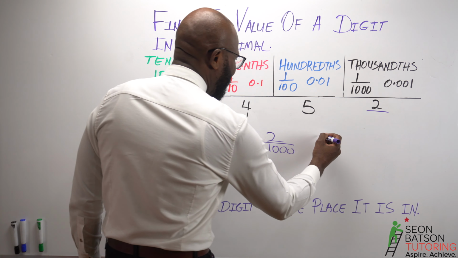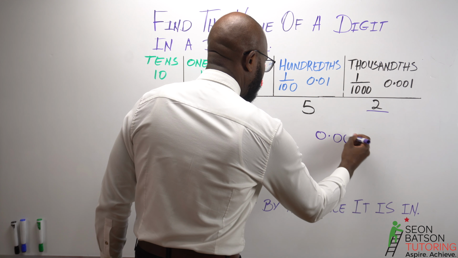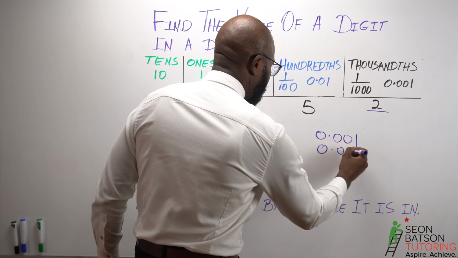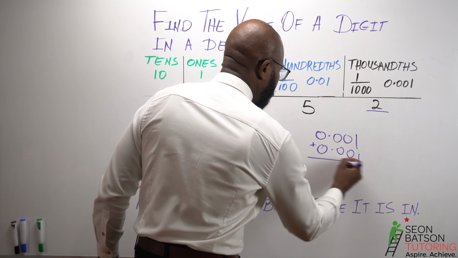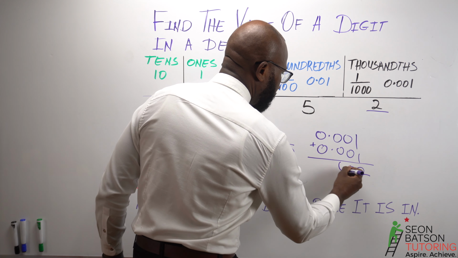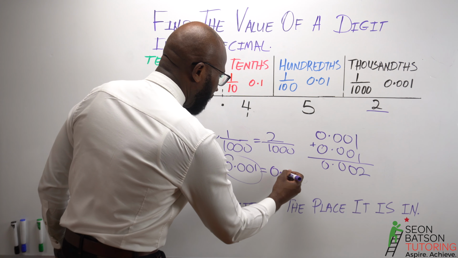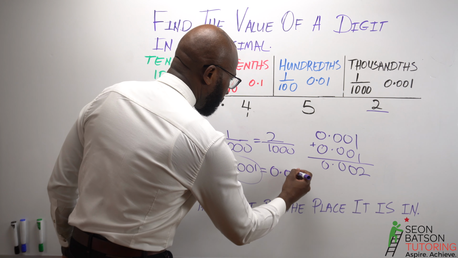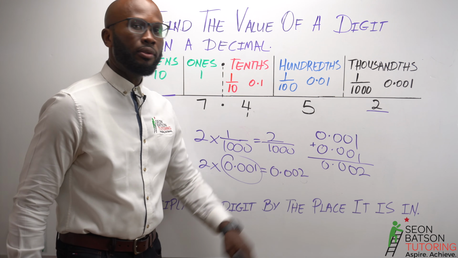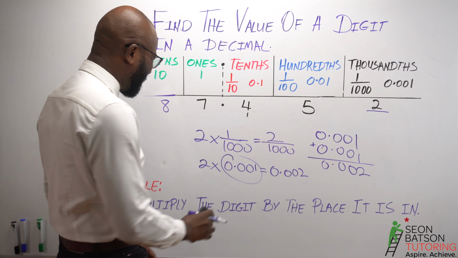That's the simplest way to put it. I know my grammar mightn't be the best, but you get the idea of what's happening. When we add them, we get 2. 1 plus 1 is 2. Then we have all zeros. So as a decimal, the value of this 2 is 2/1,000 or 0.002. Get the idea? Good job, my friends.